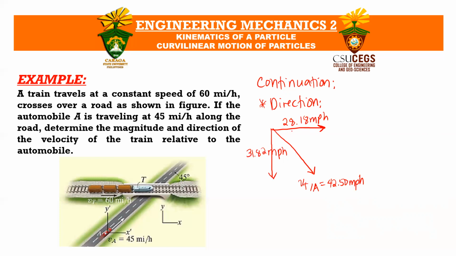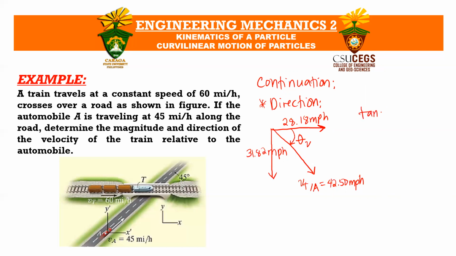So the direction that we need to determine here is from the horizontal, or from the x-axis. So this is your angle that we need to determine, which is referred to as the direction. And we will denote that with theta v. From that, we can use trigonometric functions to determine the angle theta v.